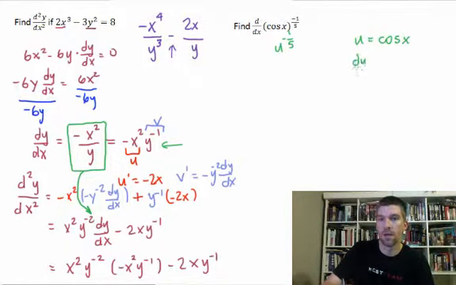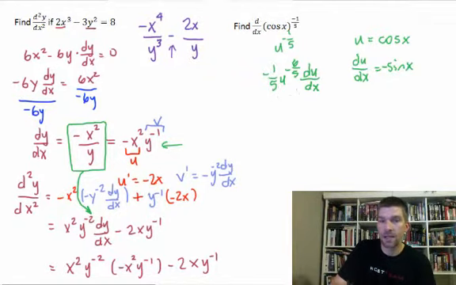So du dx is going to be negative sine x here, and the derivative is going to be negative 1/5 u to the negative 6/5 times du dx.